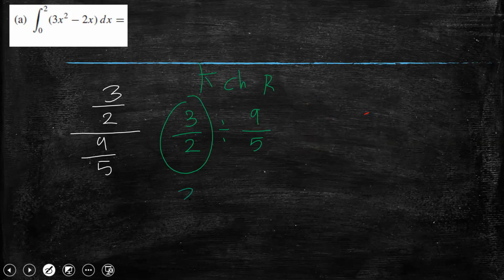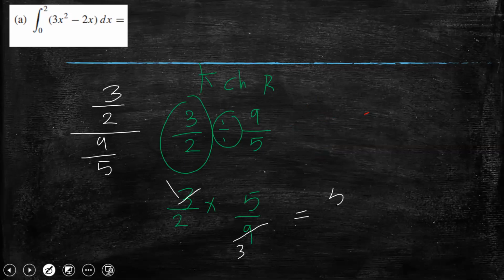Keep the first fraction as 3 over 2, change the sign to multiply and write the reciprocal of 9 over 5, which is 5 over 9. Then if you can simplify, do it. Then you have this as 5 over 6. Is it clear? Yes, teacher.